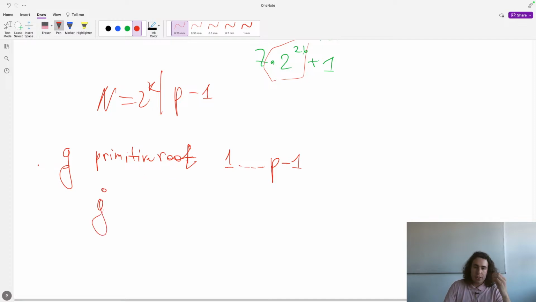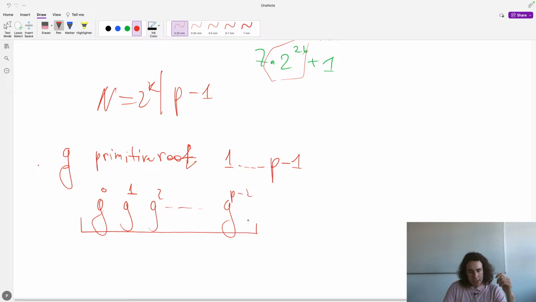If I take g to the 0, g to the 1, g to the 2, and so on, g to the p minus 2, they're all going to be distinct. Because they're distinct, and there are p minus 1 values in total, they're going to be all the values. But of course, g to the p minus 1 is 1, so it's going to cycle.